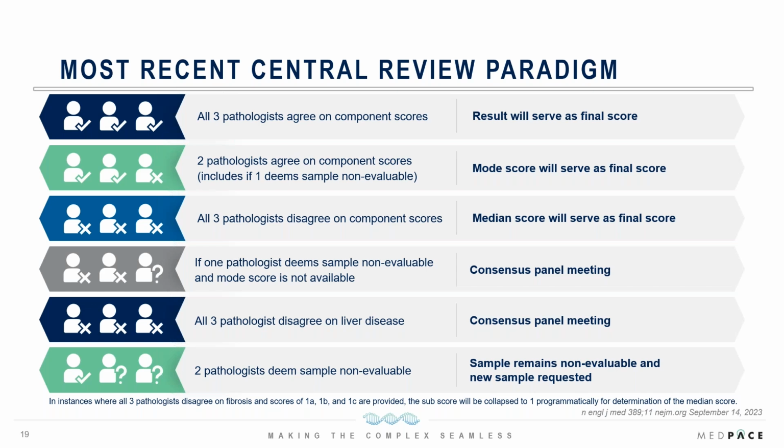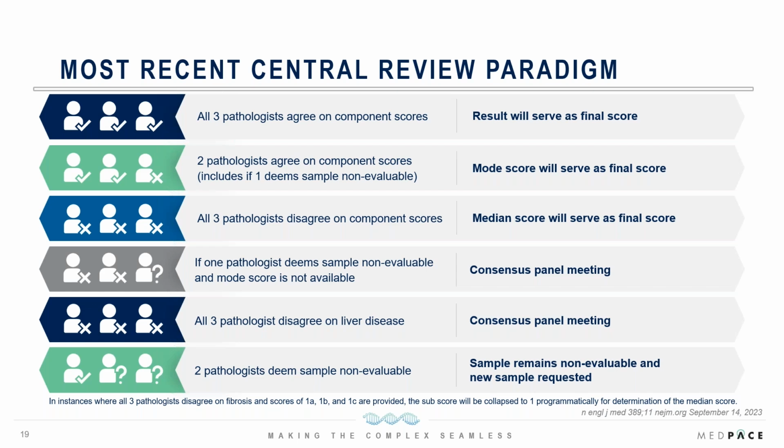It's easy. If the 3 pathologists all agree on the different components, that's great. We have perfect consensus, and that becomes the final score. In the scenario where 2 of the 3 agree, we at least have what's referred to as the mode. 2 of them have agreed, and we don't have to worry so much about that third. If the 3 of them disagree, then we come up with the median score.